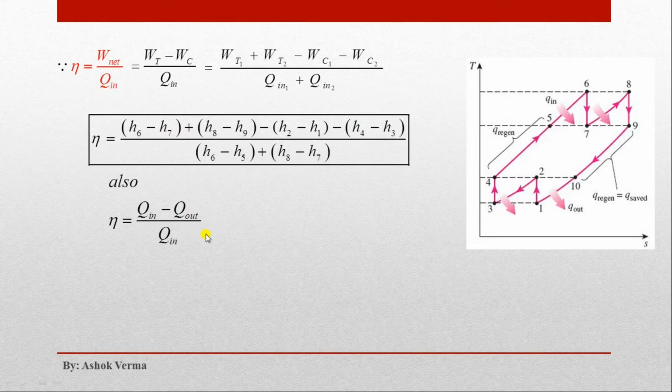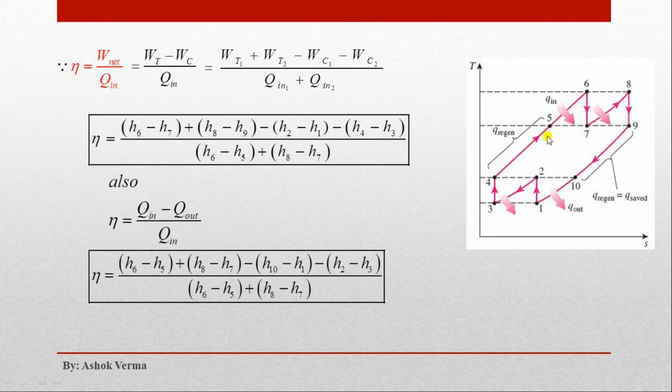So the efficiency will be this, where Q in will be Q in 0.5 minus 0.4, means T5 minus this one. This is the regeneration heat. You are supplying the heat here, T6 minus T5 and T8 minus T7.